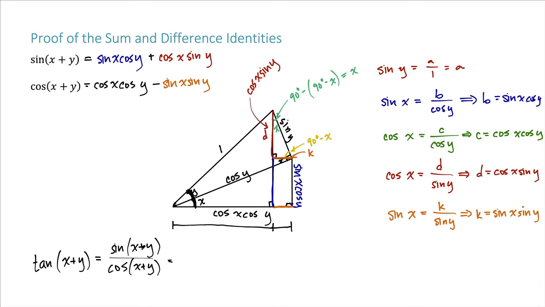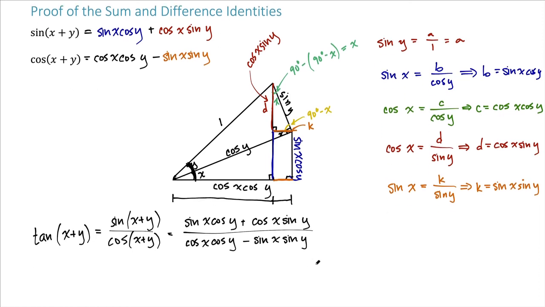And the formula for sine of x plus y, that's that thing right there. So we'll go ahead and write that out. Sine of x cosine of y plus cosine of x sine of y all over, and then cosine of x plus y, which is this formula here. Cosine of x cosine of y minus sine of x sine of y.